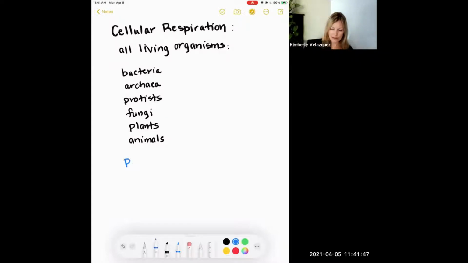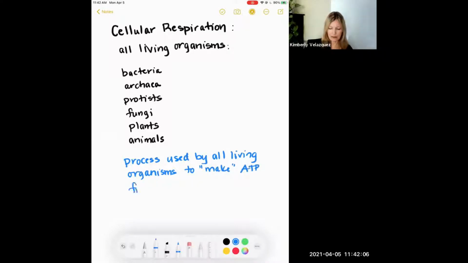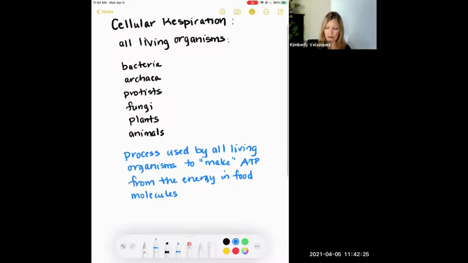It is the process used by all living organisms to make ATP from the energy in food molecules, with glucose being the preferred food molecule for that. All living organisms must do this.